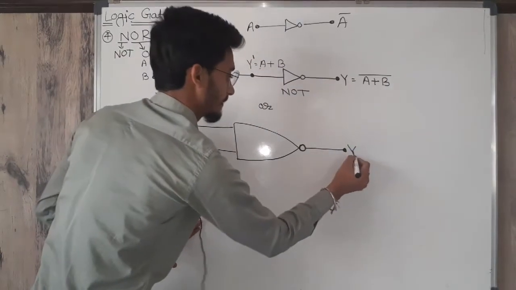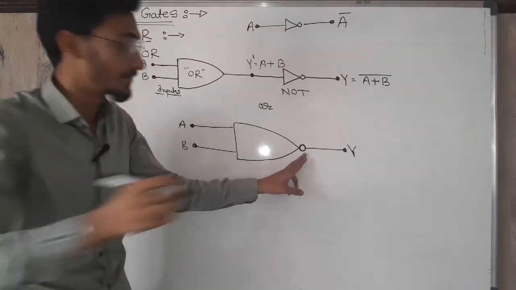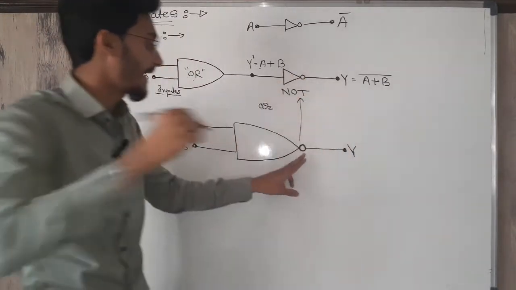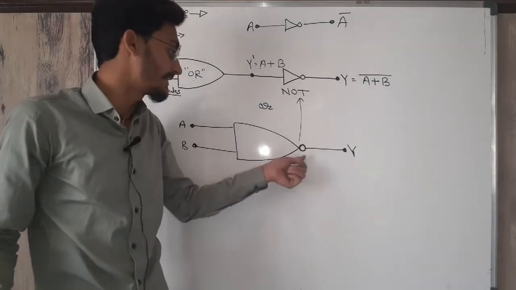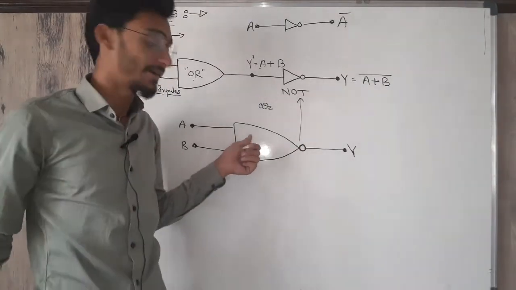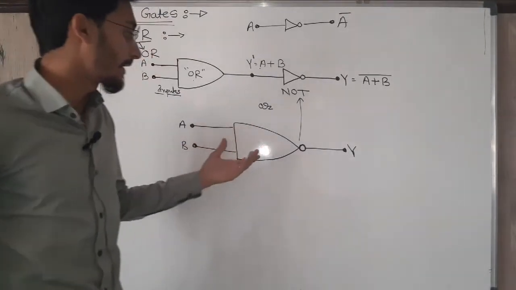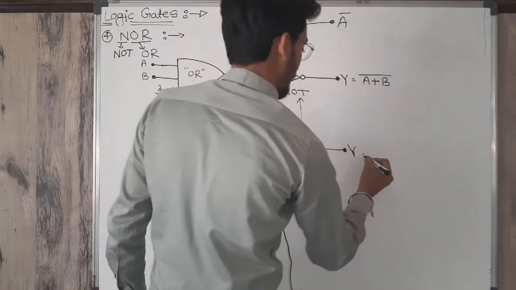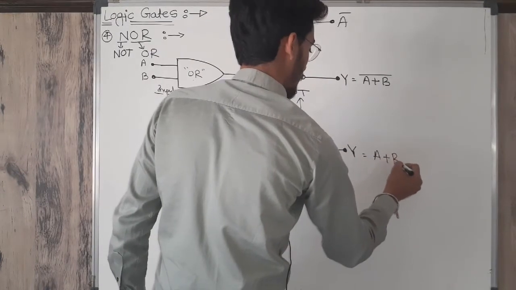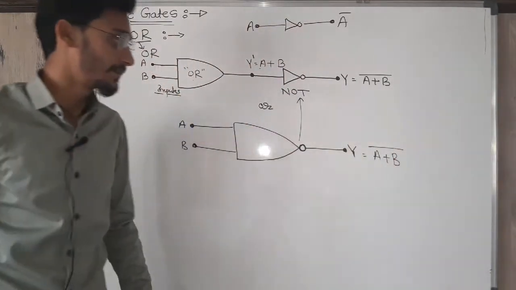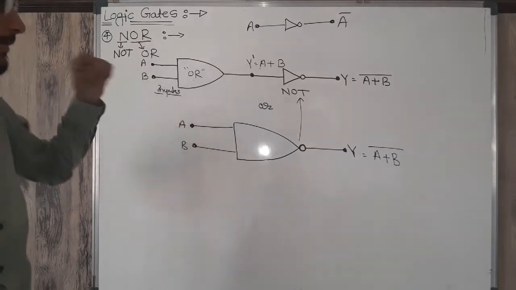This bubble represents that the NOT gate is combined in series with the OR gate. So A and B are the inputs for the NOR gate, then we find the output A plus B bar. Very simple. So that is a representation of the NOR gate.